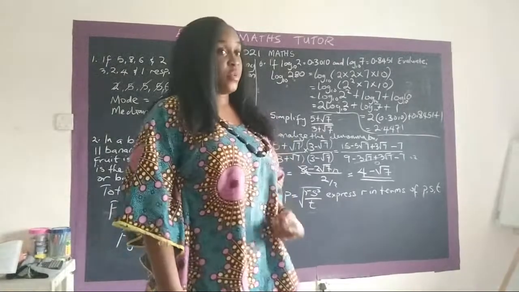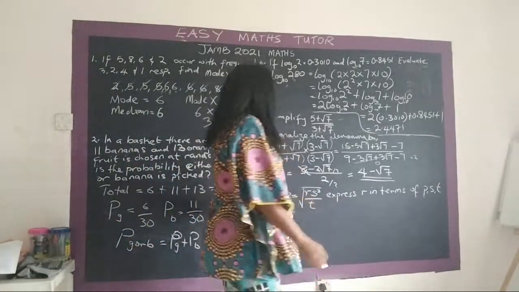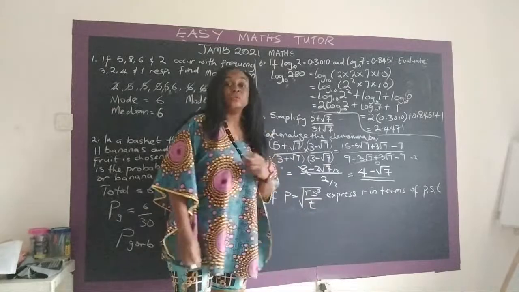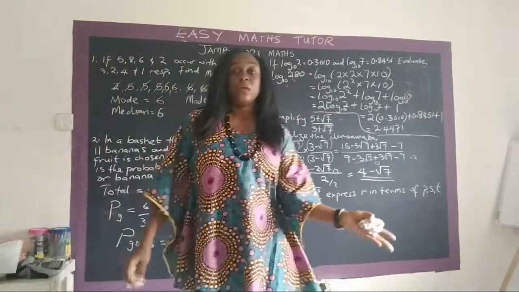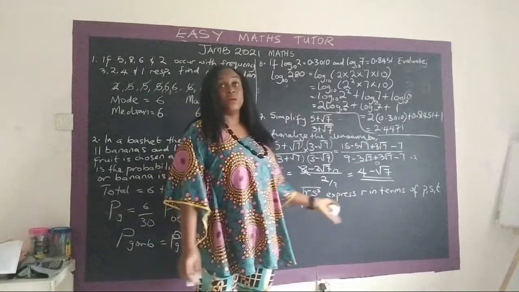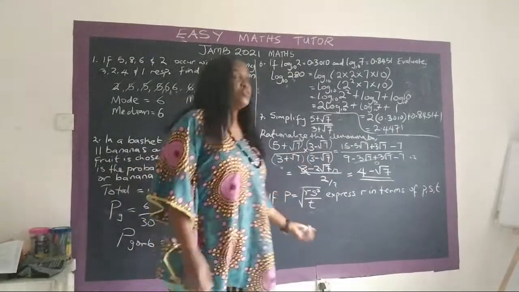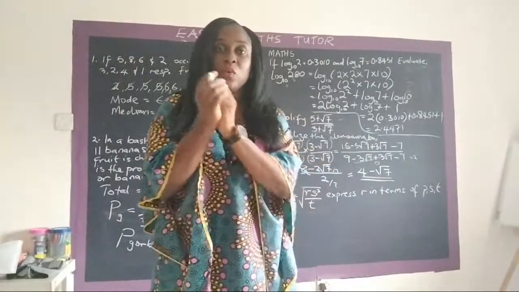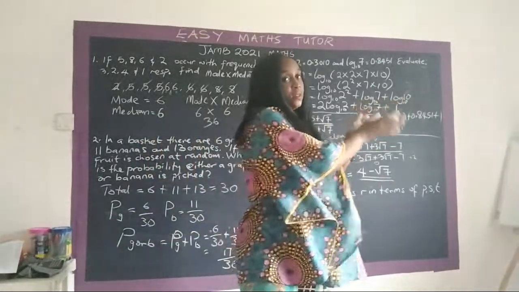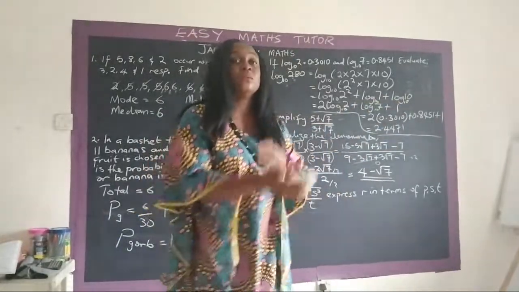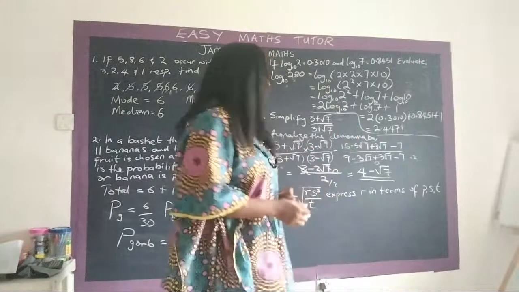They want us to make r the subject of the formula, meaning r should be isolated on one side and the other terms on the other side without distorting the value of the equation.